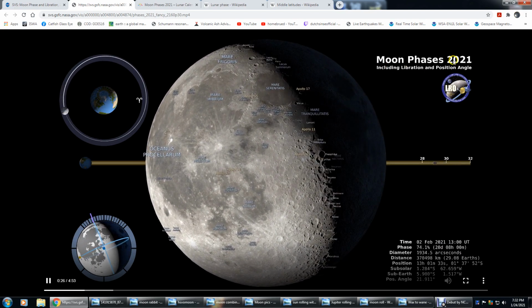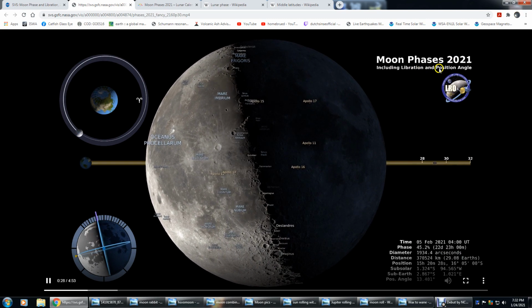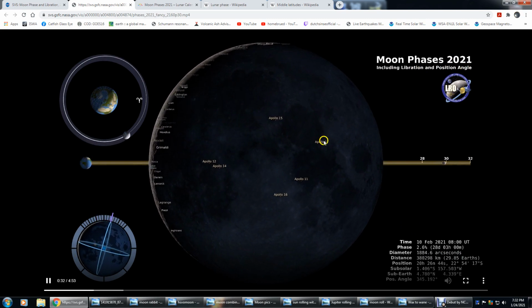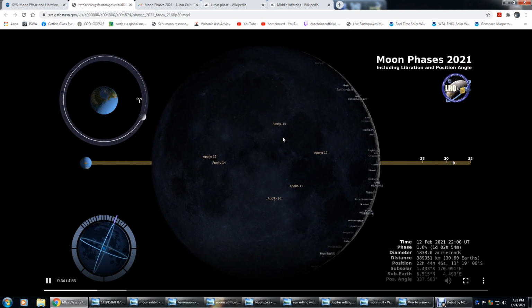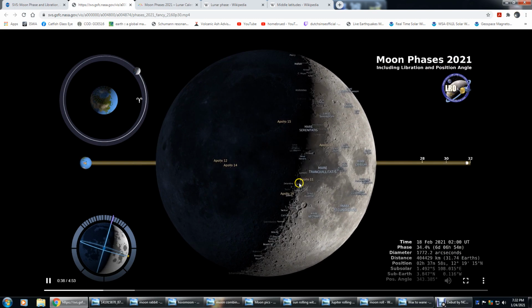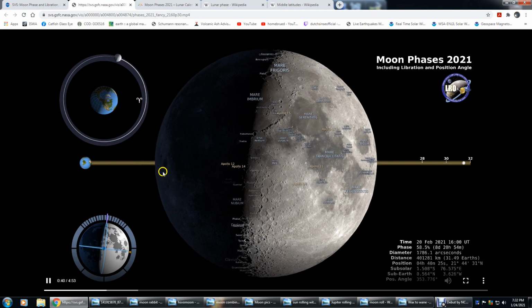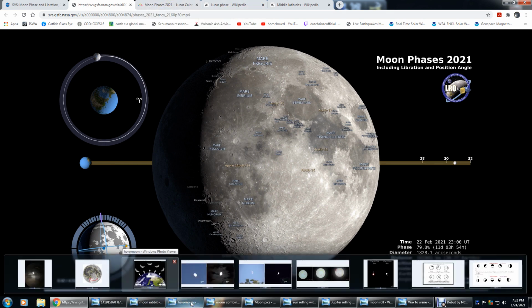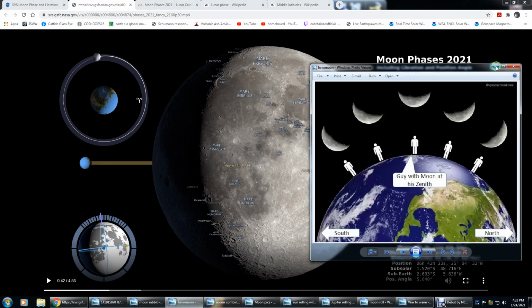So right here, moon phases 2021, including libration and position angle, northern hemisphere. You can see that from our view in libration the moon does wobble some, but this is over days and weeks. That's not what we're seeing now. Now remember, we have hemisphere specific views.